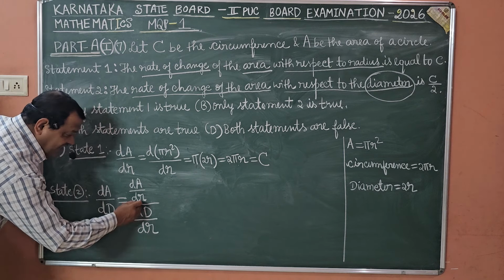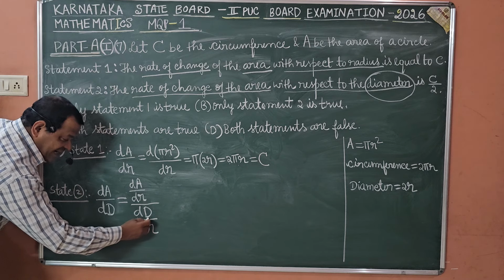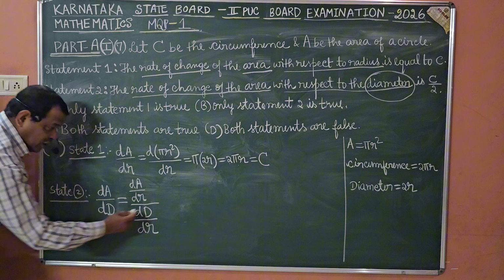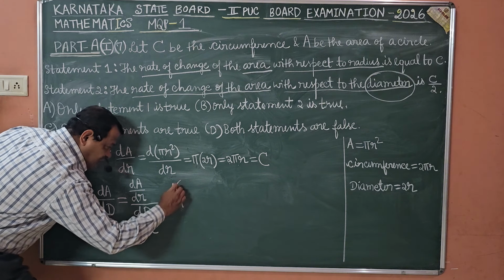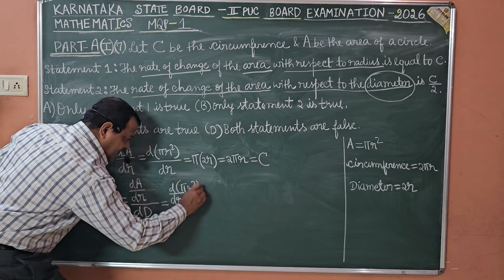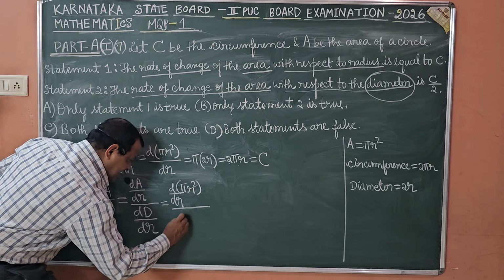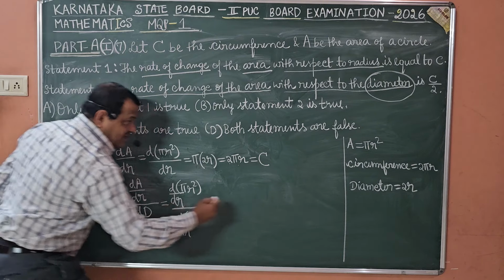So actually dr gets cancelled. We get dA by dD, capital D only.